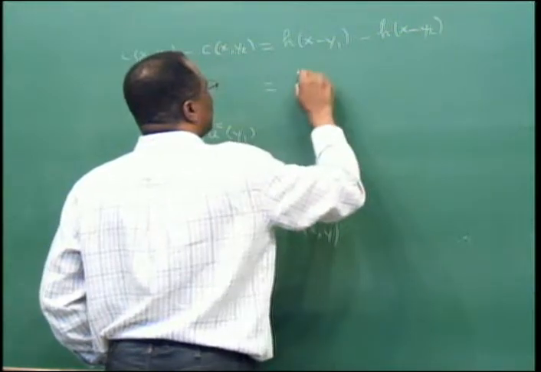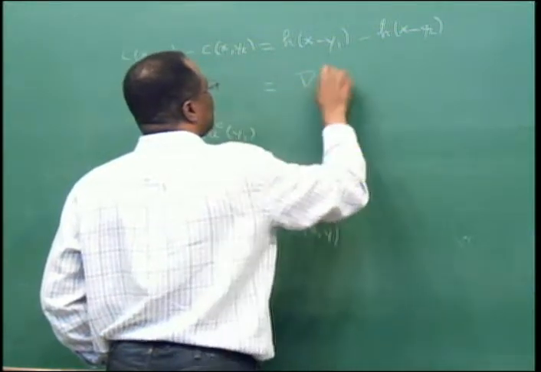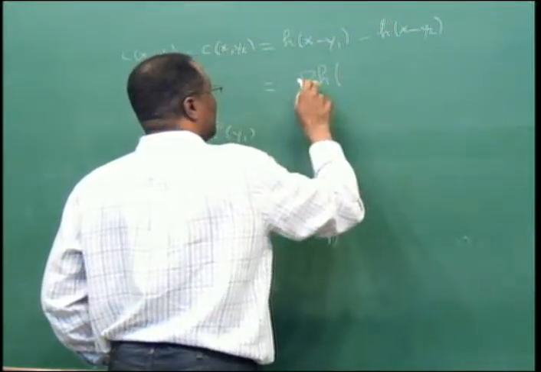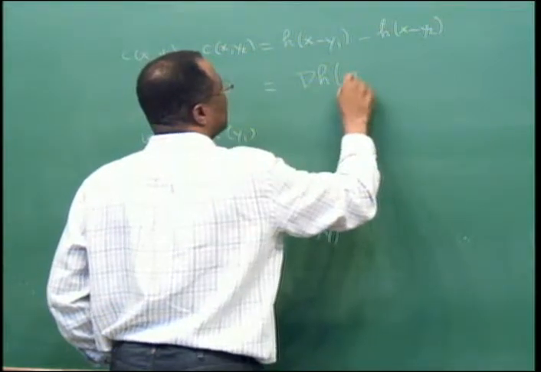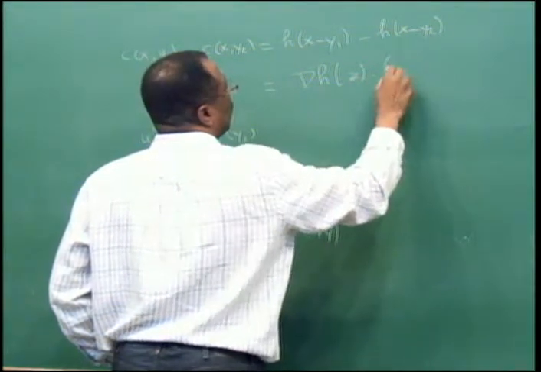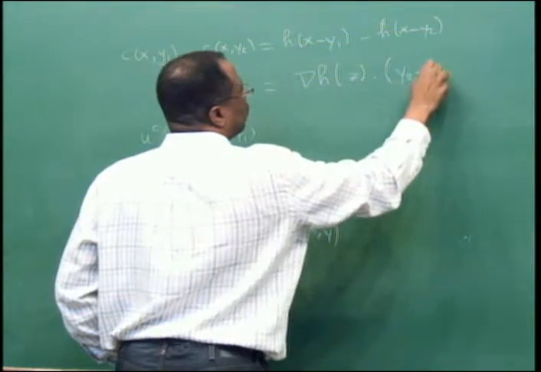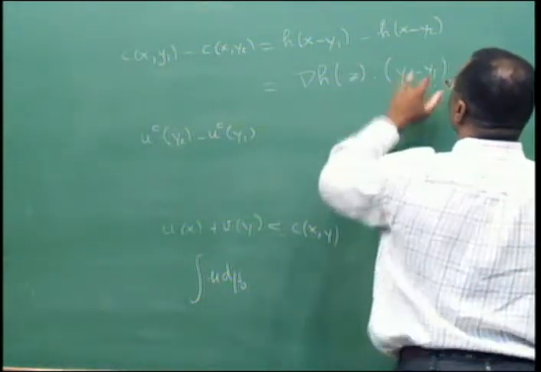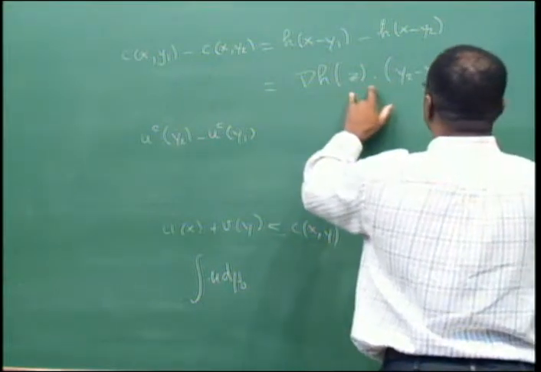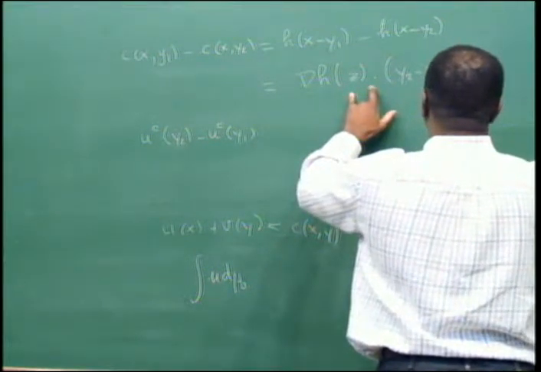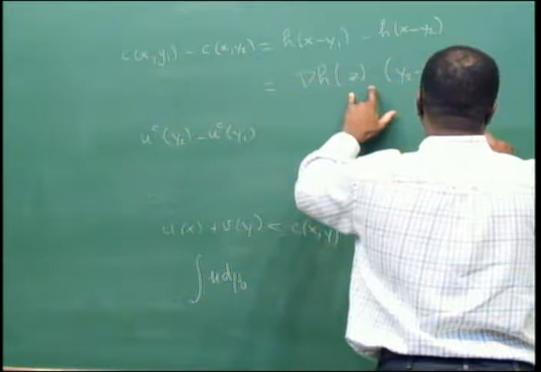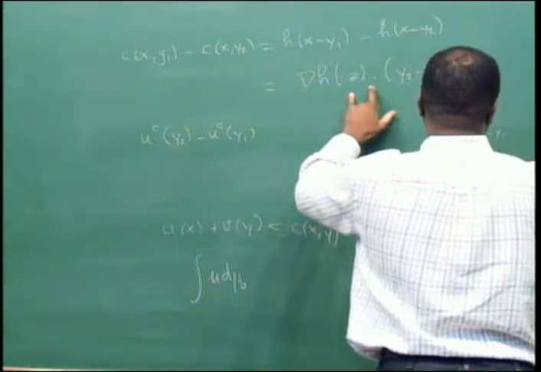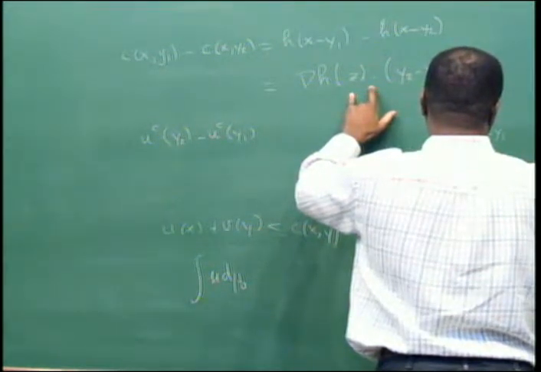We use Taylor, the mean value theorem, to say it is gradient h of some z, times y2 minus y1, because the difference between this and that is y2 minus y1, and z is between x minus y1 and x minus y2.